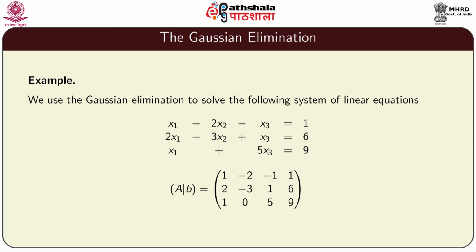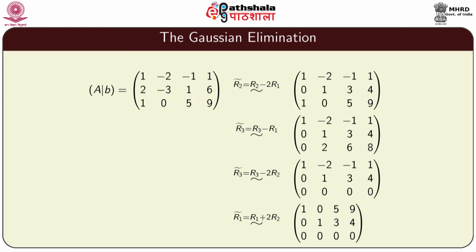Now, we are going to apply the Gaussian elimination to solve this system of equations. So, that means we will start with this augmented matrix and row reduce it to its row reduced echelon form.